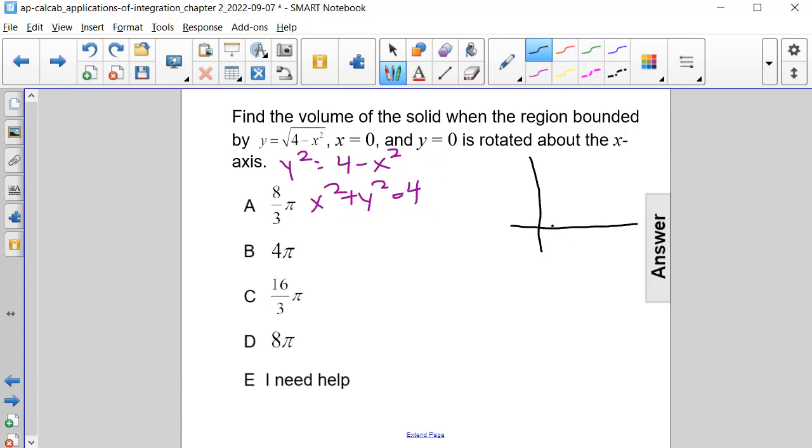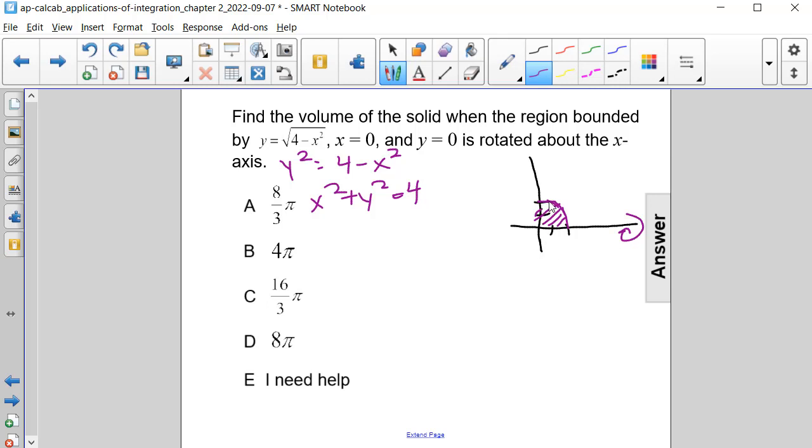Okay, so we have something like this, and I could continue going around to show the full circle, but the thing is that our region is bounded by the y-axis and the x-axis. So it's basically this area here, and then we're going to rotate it about the x-axis.